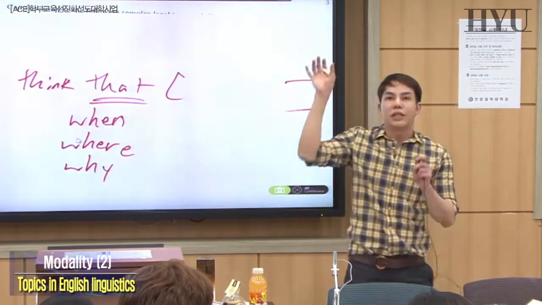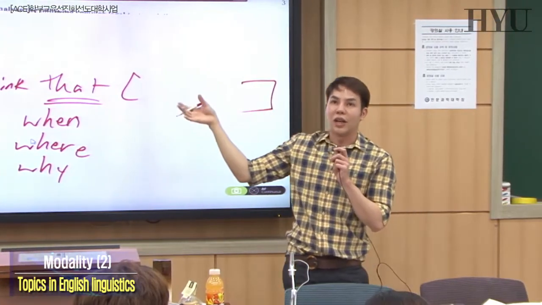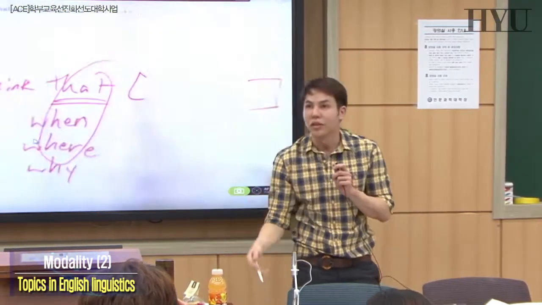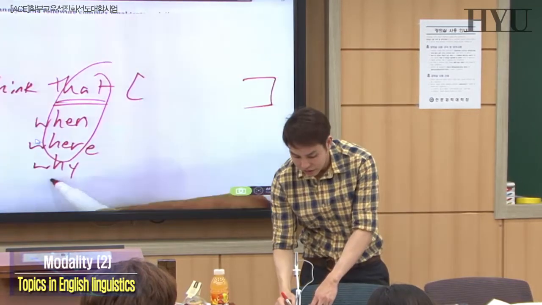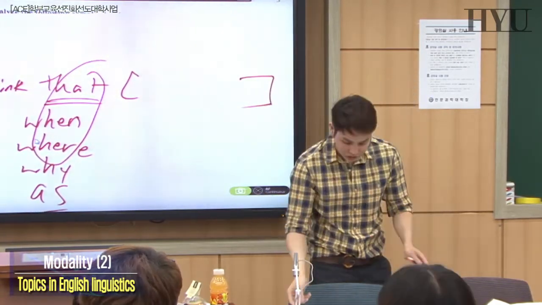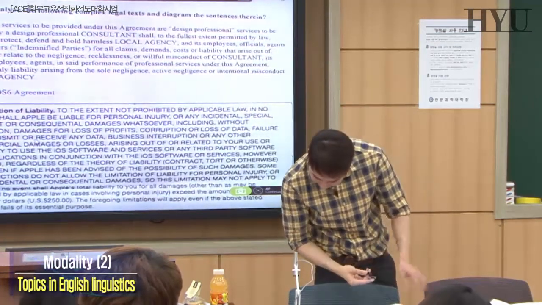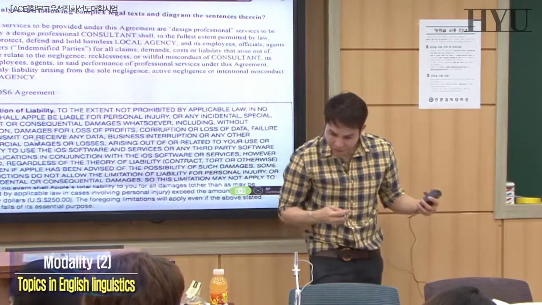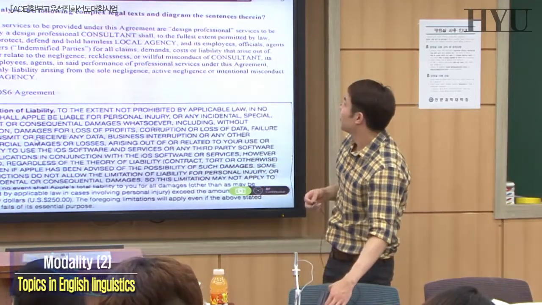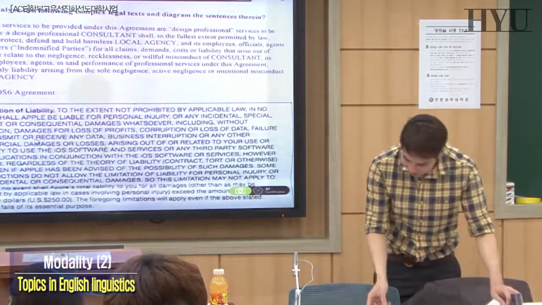So these are all signaling words that tell you, oh, you are coming across a subordinate clause, right? So you must have some kind of signal words in English. So these are all signal words. So where's the main clause for the first one? I'll walk around and help you.